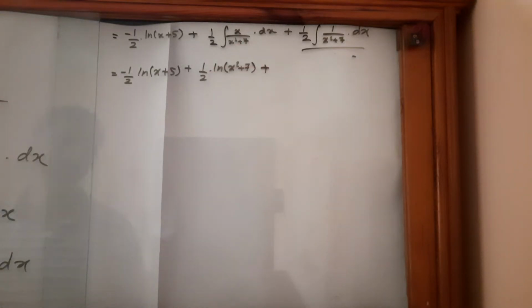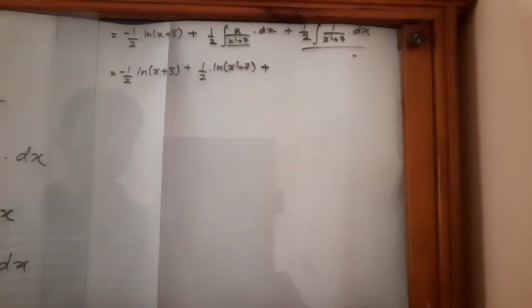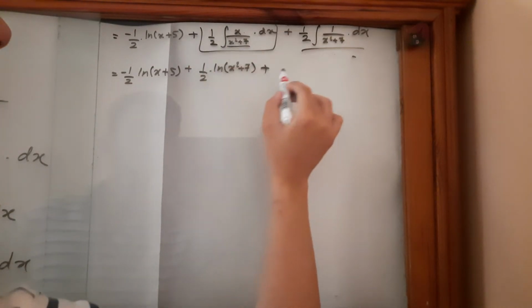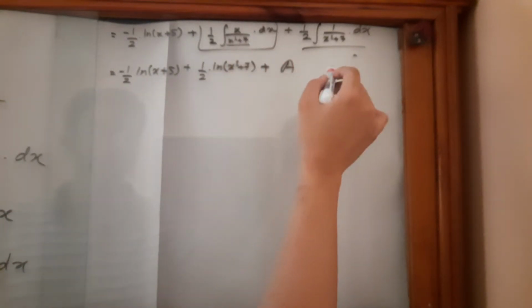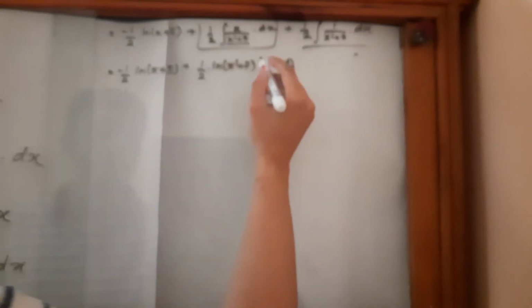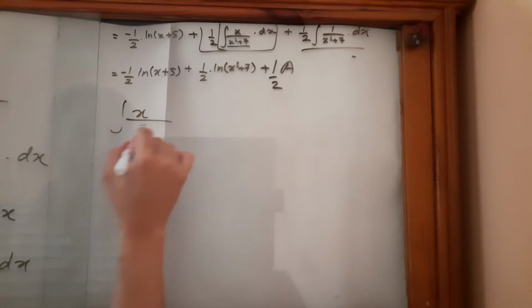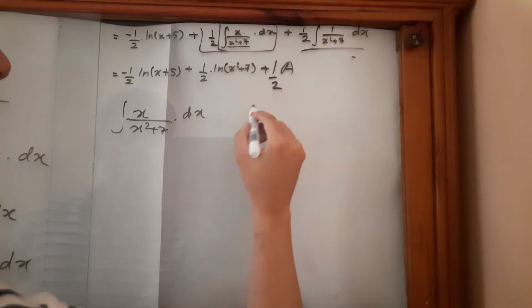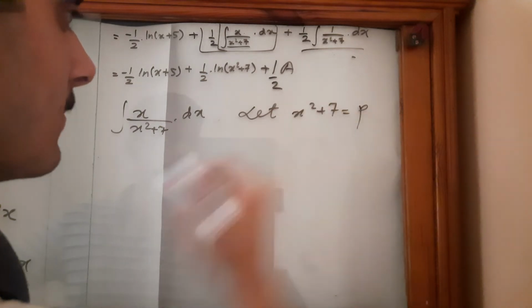Now here comes the maybe a little difficult part, but then the derivative of x squared plus 7 would be 2x, and we already have x over here. So what we can do is, let's consider this whole term to be a different a, and we can deal with it separately. So integration of x over x squared plus 7 dx is equal to, what is it, x squared plus 7 is equal to p.